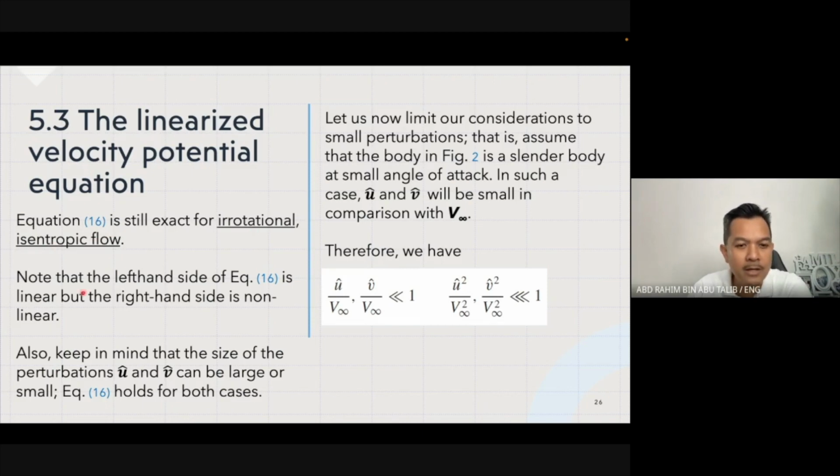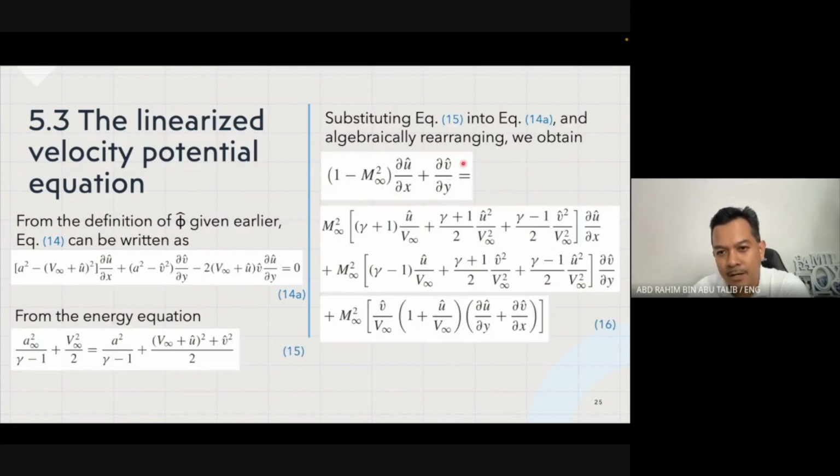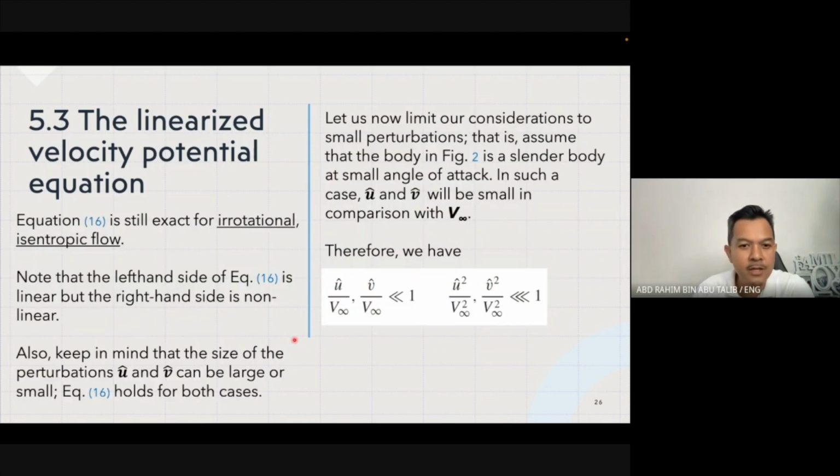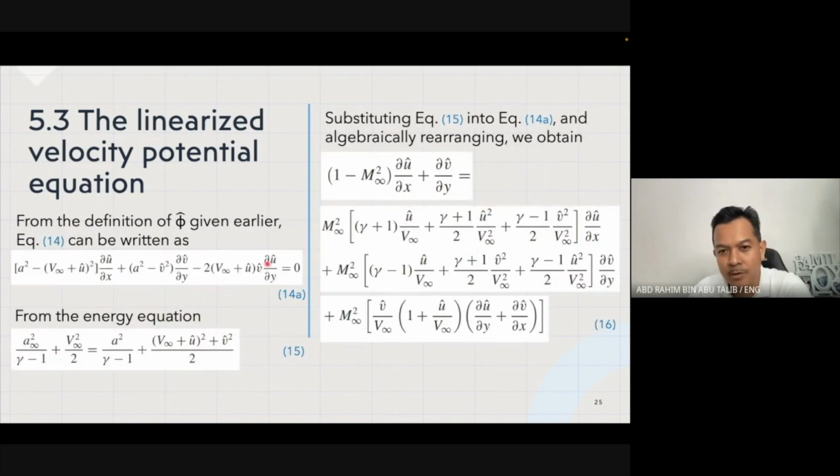And note that the left hand side of equation 16 is linear, but the right hand side is non-linear. What we have on the right hand side, from these three lines, are non-linear.